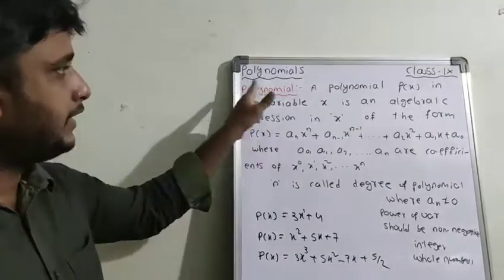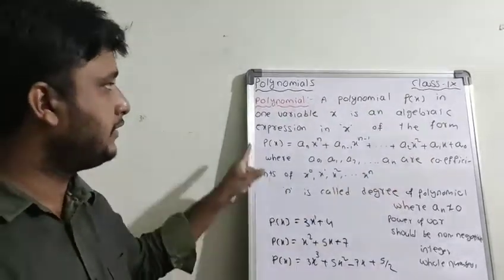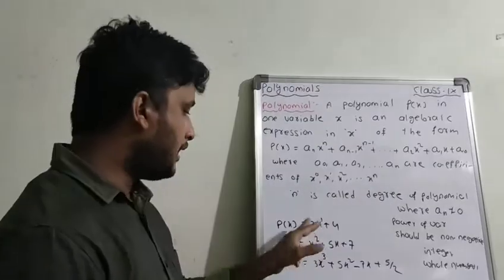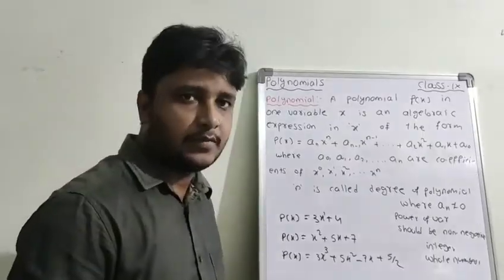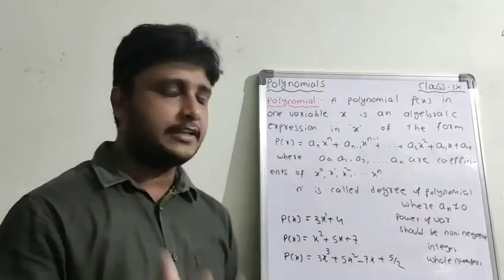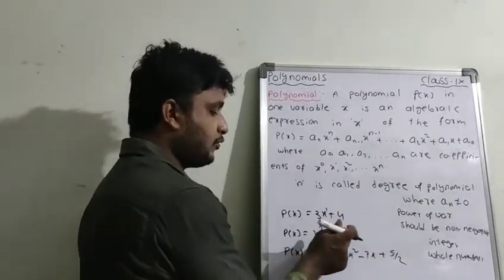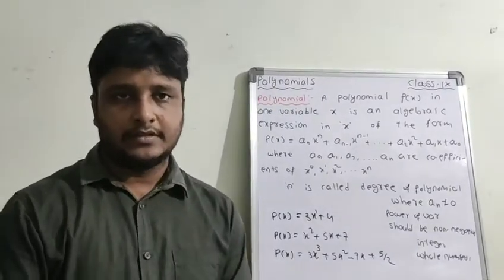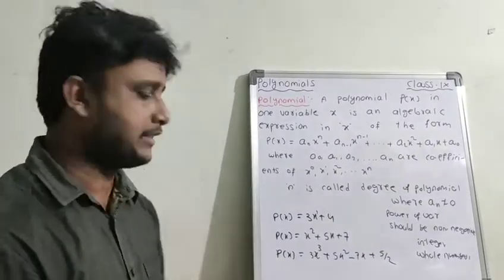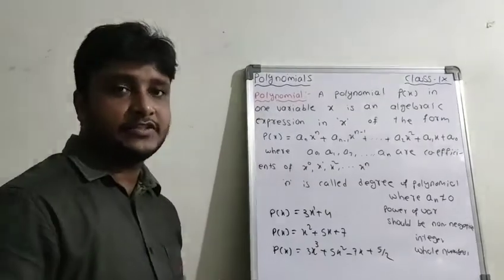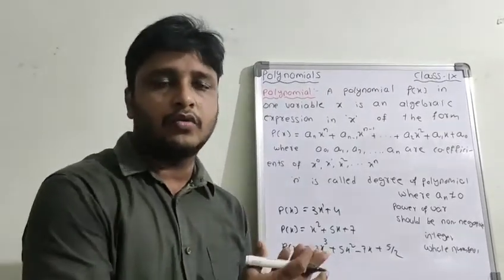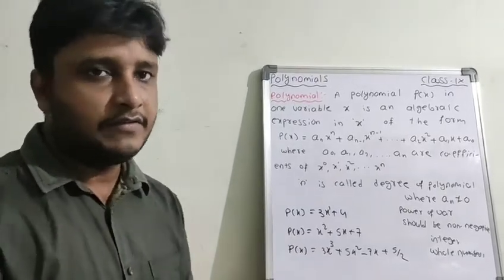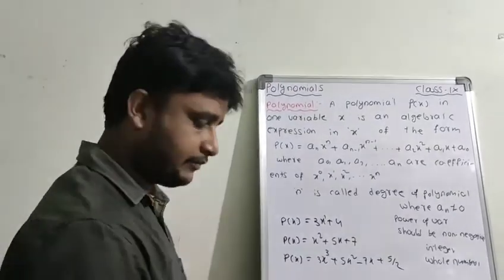But this is, in 9th and 10th class, the mathematical definition of a polynomial, and these are the examples of the polynomial. But the basic important thing is the powers of the variables 2, 1, 3, 2, 1, these all are non-negative integers. That's a very important point we have to discuss here. Okay, see, now we will discuss how to identify whether the given algebraic expression is a polynomial or not. With some examples I will explain.